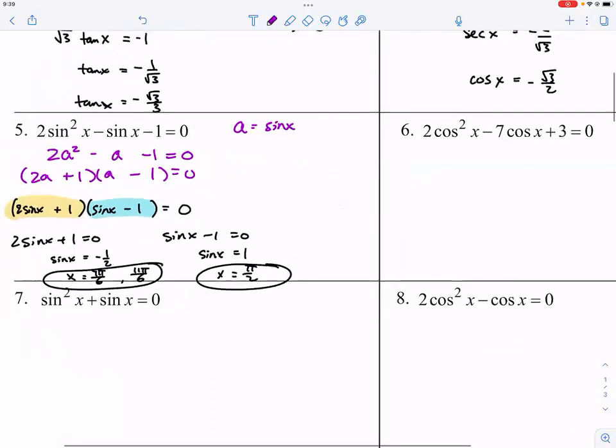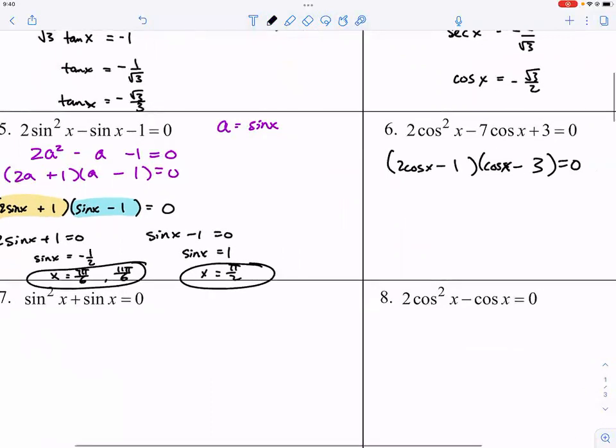So for number 6, I believe you can factor this. It should be 2 cosine x times cosine x, and both should be minus because you have a plus and a minus over there. I'm getting 2 cosine x minus 1 times cosine x minus 3.